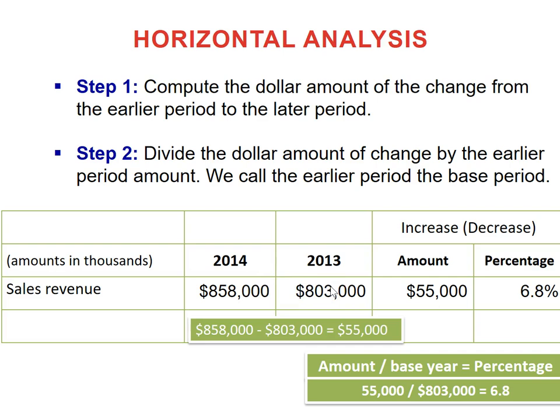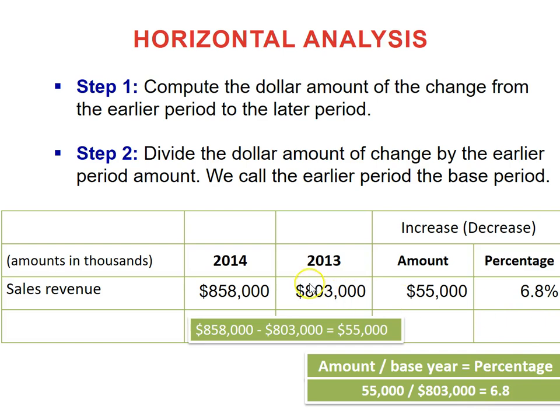And how you could do it, you basically first need to find out the difference. 2014 minus 2013, this is your difference, and here we see that 2014's revenue actually increased and it's a positive difference. Then we express this difference as a percentage of the 2013 sales figure. That means 55,000 over 803,000, which gives 6.8 percent.